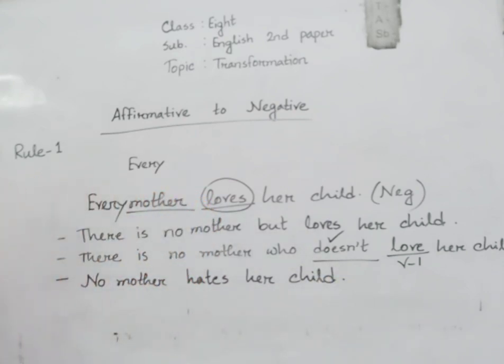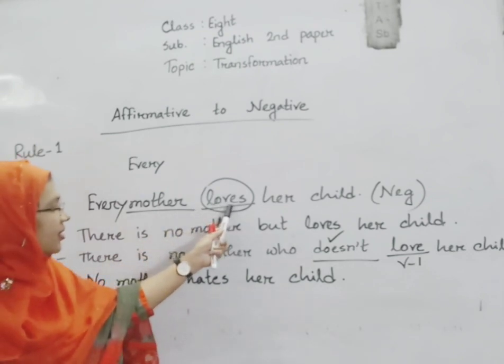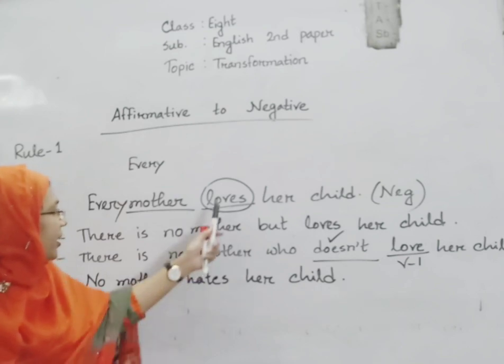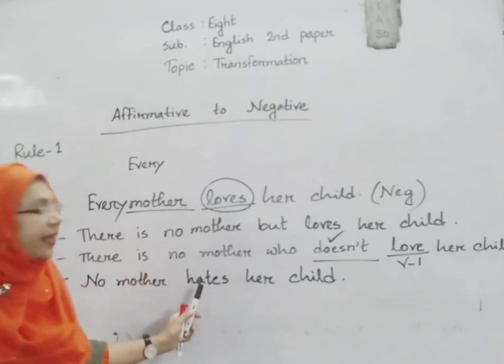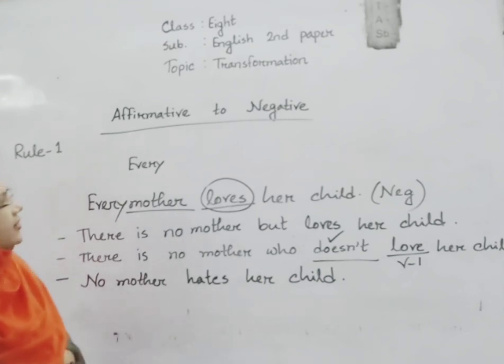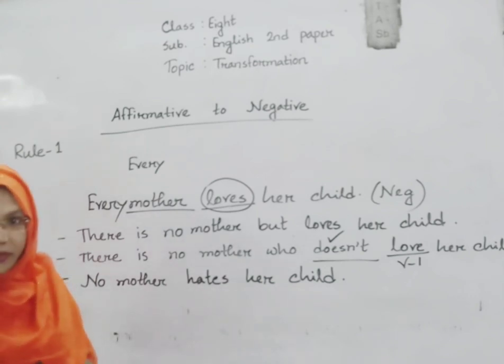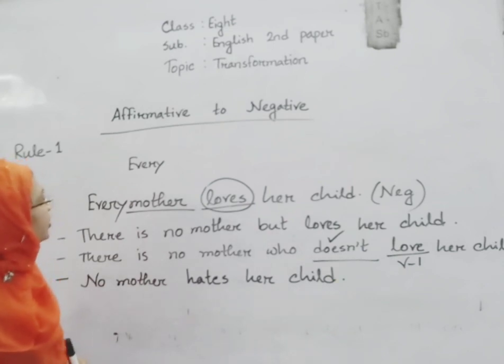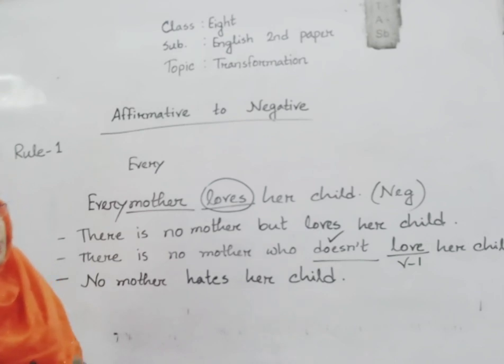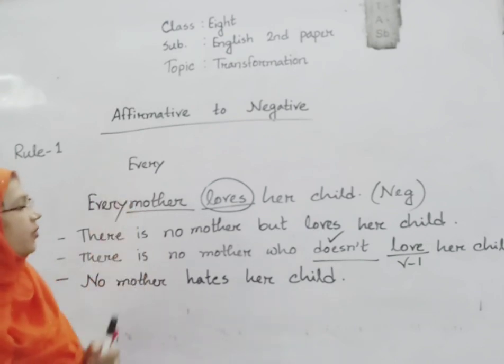Dear viewers, as you can see, we have written for every no. That's the reason we have written the opposite form of the verb loves, hates. Because it's a characteristic of transformation, the meaning will be unchanged. The meaning will always be unchanged in transformation.